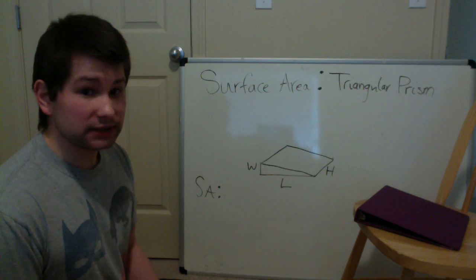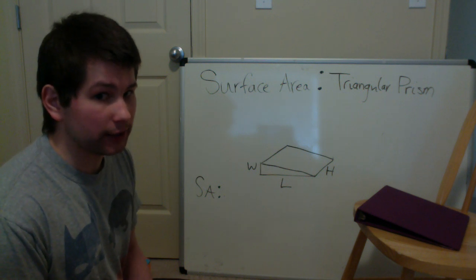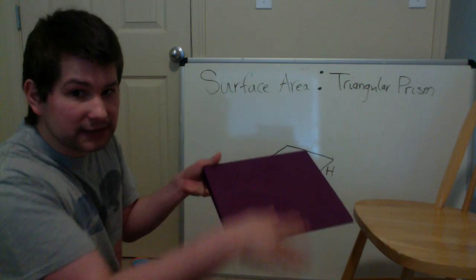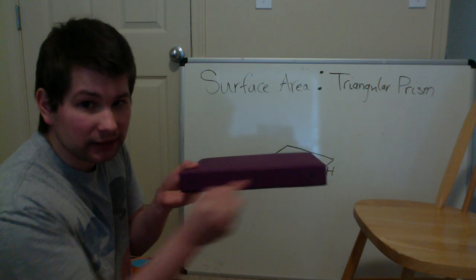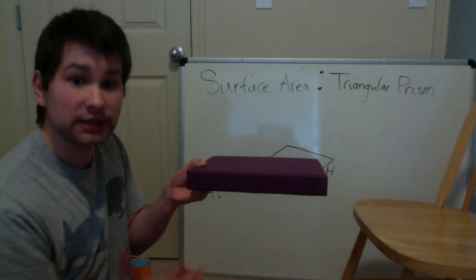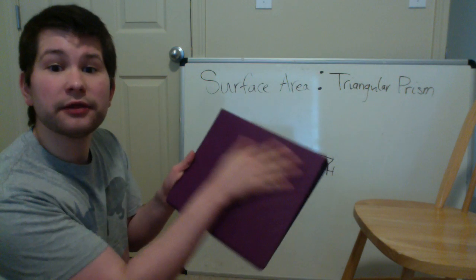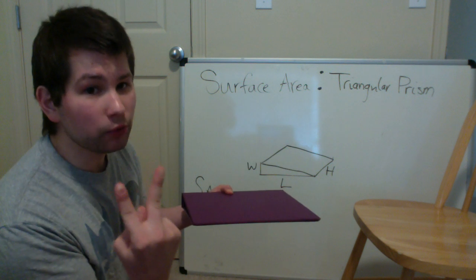Okay, diving into this, let's go ahead and identify how many surfaces we have for a triangular prism. Here is my binder. We have the top, that's kind of slanted, right? Then we have the spine, which looks like a very thin rectangle. We have the bottom, which is another rectangle, much bigger, right? Then we have two more surfaces.